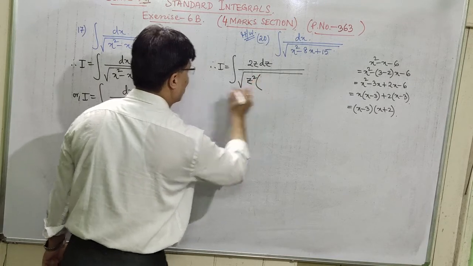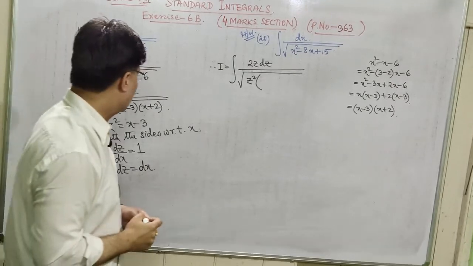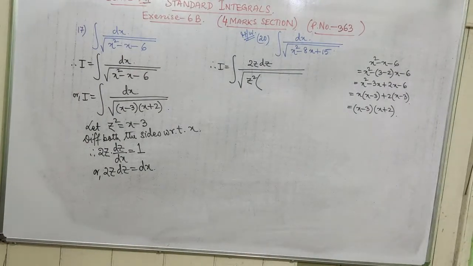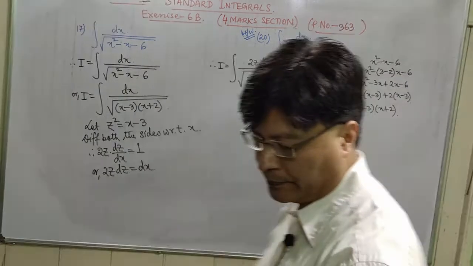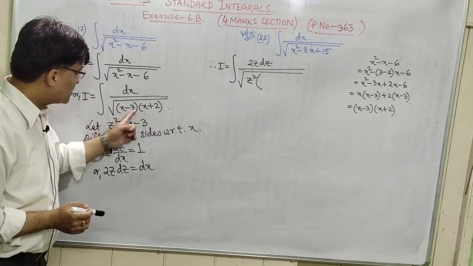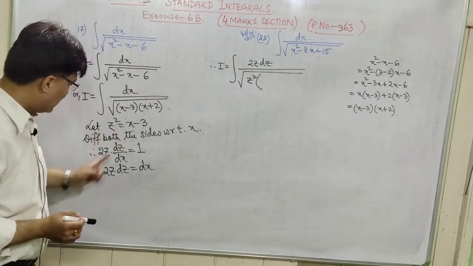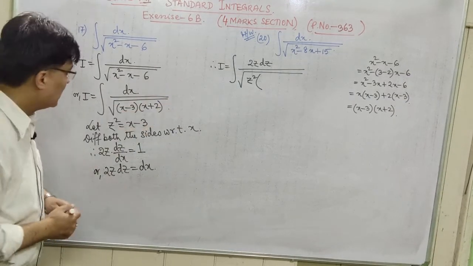Let us write here z square, and within bracket, now here x minus 3 is z square. So we have put the value for x minus 3, which is equal to z square.